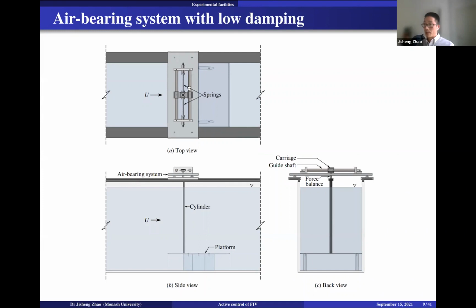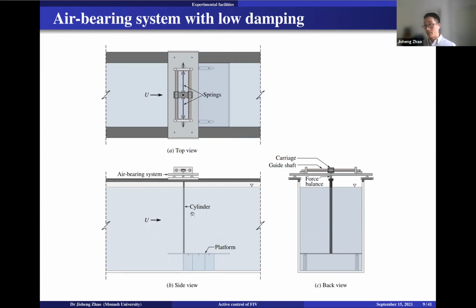We have a pair of extension springs to constrain this slider here. I'll show you some photos later. The slider can slide on the 2 precision guide shafts. The springs just provide the constraint to let the slider oscillate back and forth.